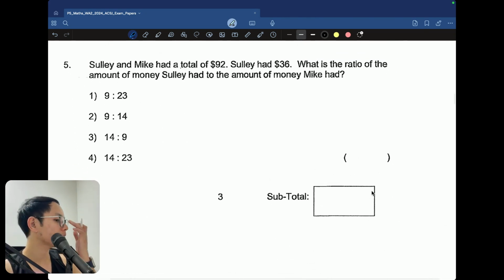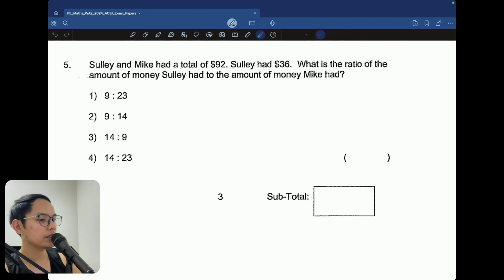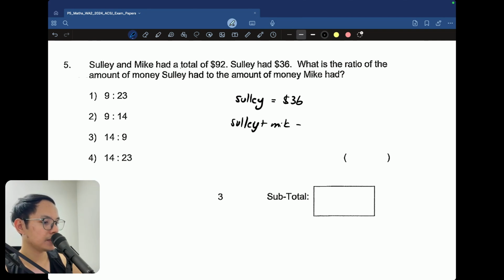Question number 5. Over here, Sully and Mike had a total of $92. Sully had $36. What is the ratio of the amount of money Sully had to the amount of money Mike had? So, Sully we know is $36. And then Sully plus Mike is equal to $92.